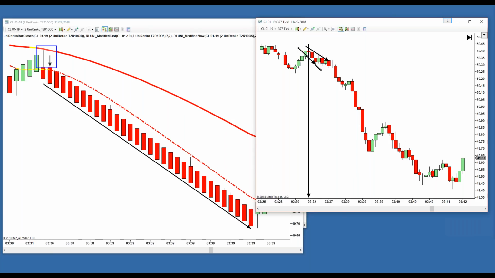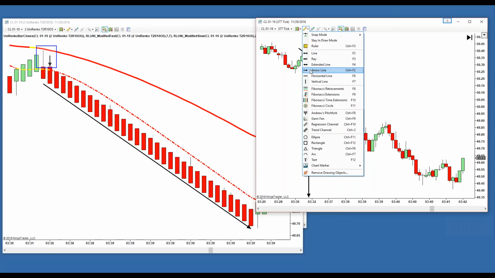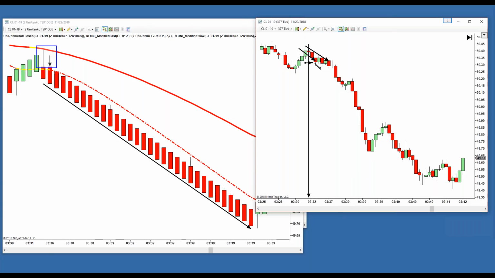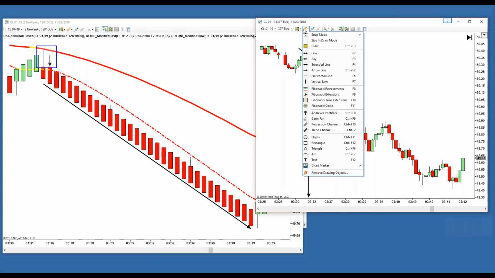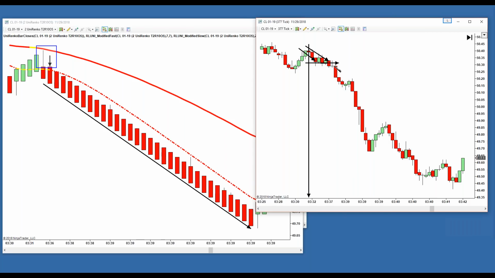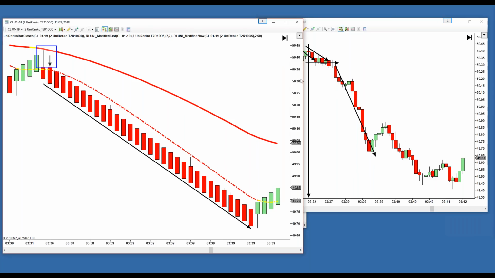And I guess if you were really sharp here, you could see that move down, then consolidation here, and then the move down. But by far and away, this is the easiest configuration to trade.